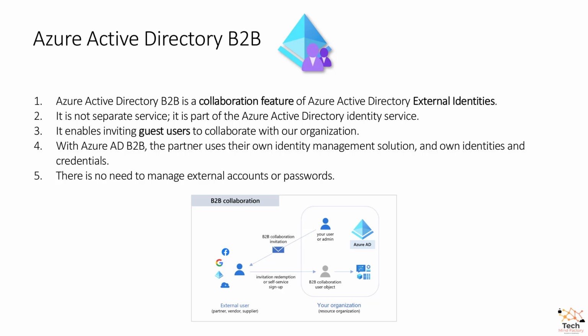So you can invite them to your organization, and once they receive the invitation in their mailboxes, they can use their standard email and a one-time passcode to access your application. Or if those partners are from other Azure Active Directory tenants, they can use their own home tenant to authenticate, and then you can still provide access for them to your corporate resources.